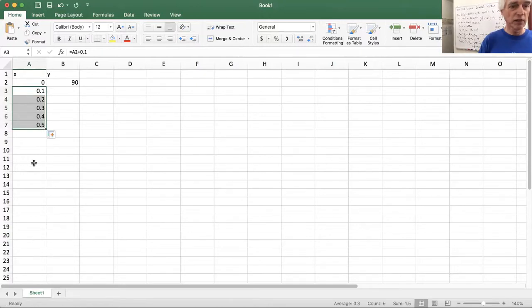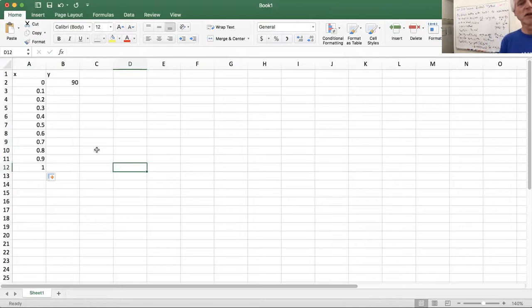I'll go down all the way to here. All right, there. So these are all the x's at each time. You notice that box is the box above it, A5. A6 is A5 plus 0.1. So that's how it works.